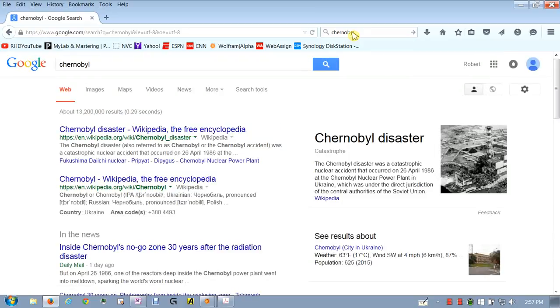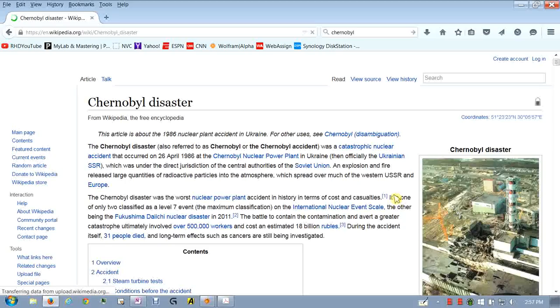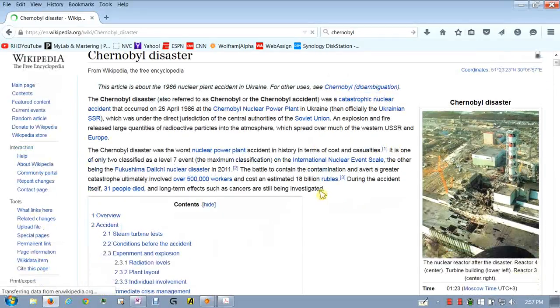So what is Chernobyl? Nuclear disaster in Russia back in 1986, where a nuclear power plant had a meltdown, the core of the reactor melted down.